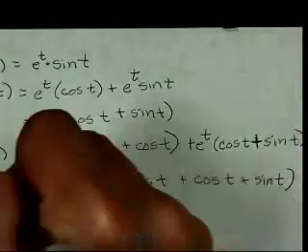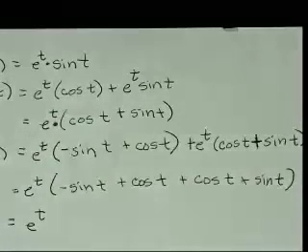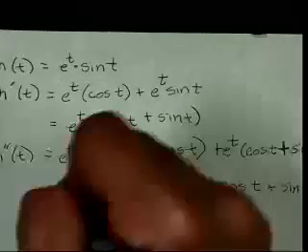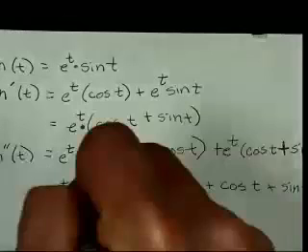And what does that inside parentheses clean up to be? Just 2 cosine t. You would normally write the 2 as the coefficient, and then the cosine t.